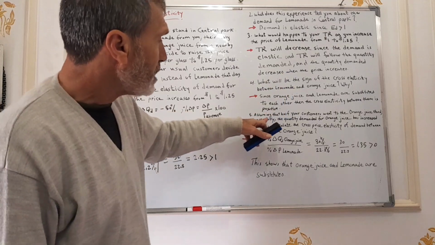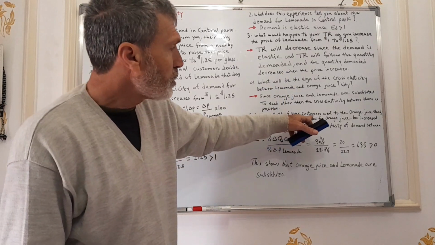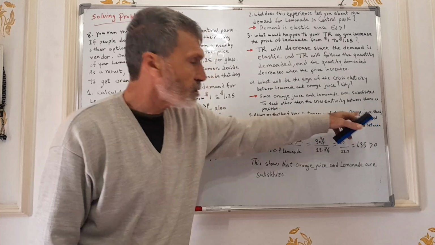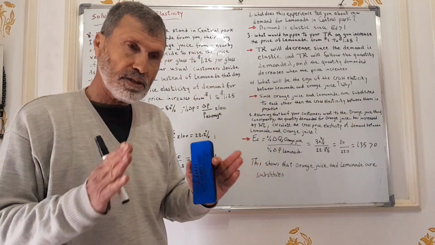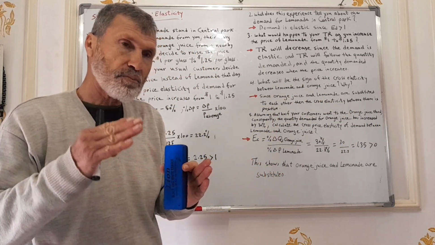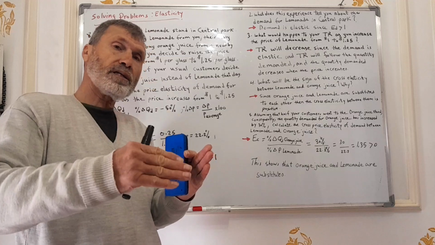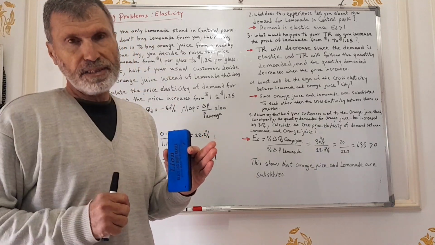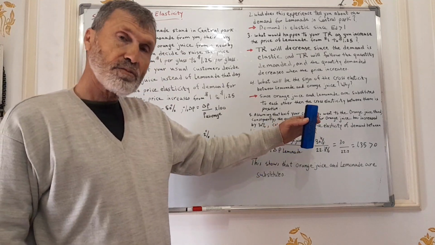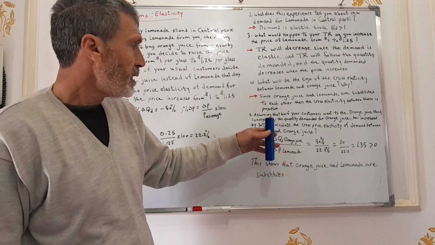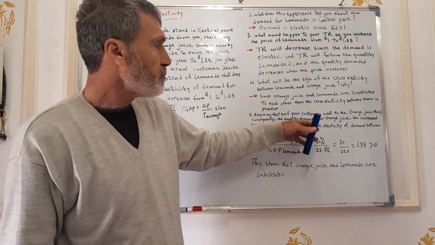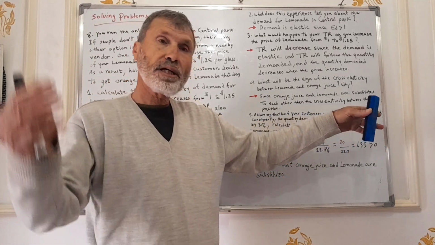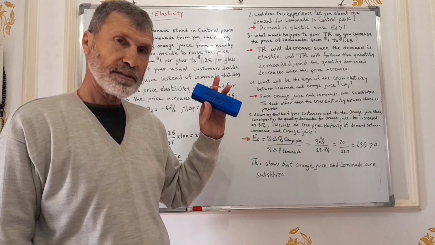Now, 5: assuming that half your customers went to the orange juice stand when you increased the price of lemonade from $1 to $1.25, consequently the quantity demanded for orange juice has increased by 30%.